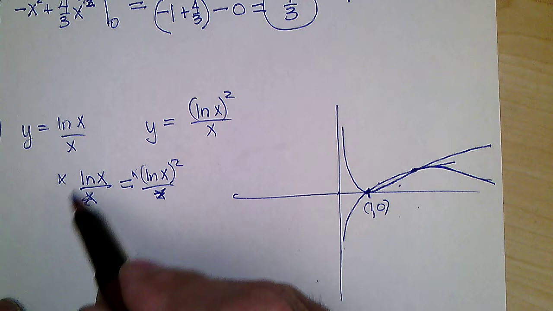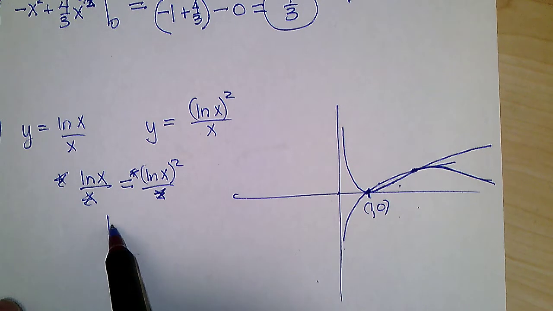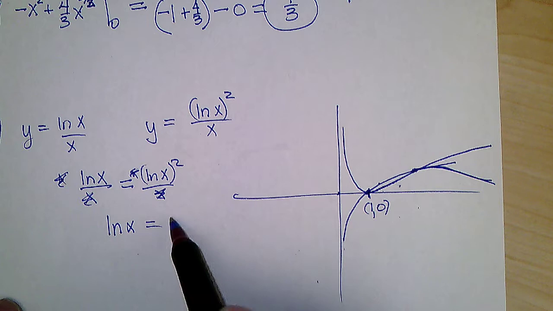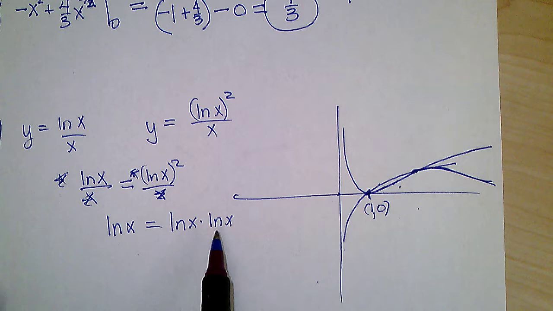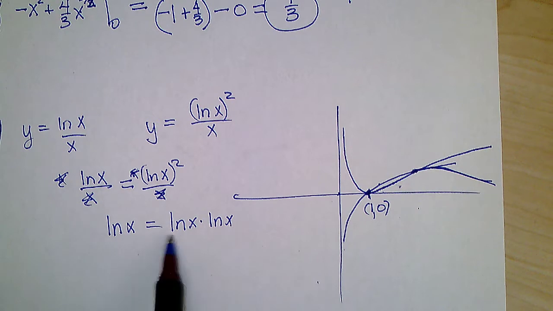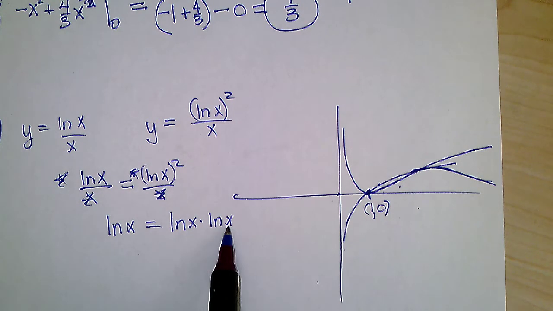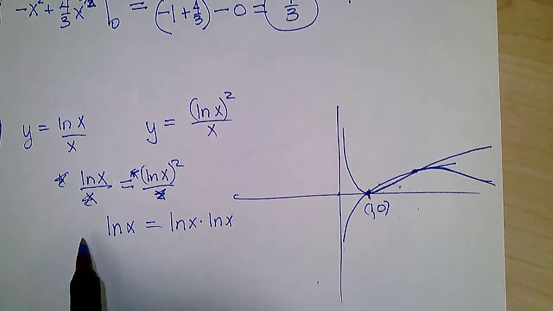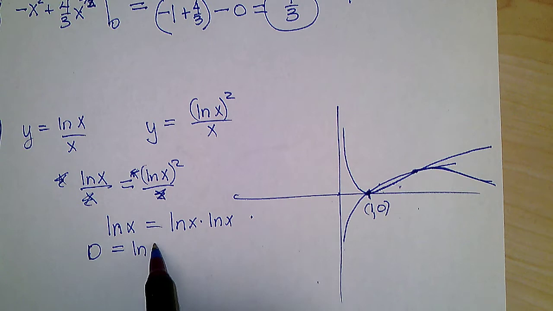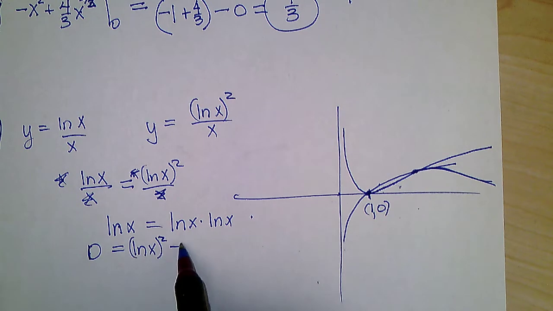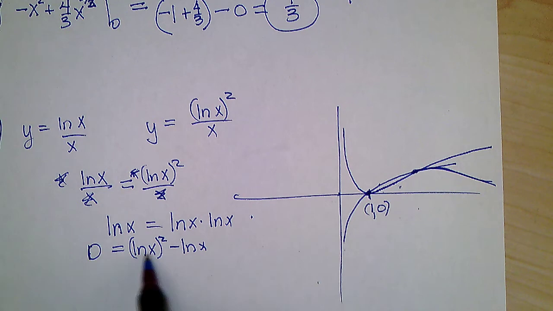So I'm not going to lose the solution, and those are gone, and so I've got to find out when ln x equals ln x times ln x. If I divide by ln x, it could be 0 at 1, so I might lose the solution. So I'm going to bring 1 over. I'll subtract ln x from both sides. So I'll have 0 equals ln of x quantity squared minus ln of x. Factor out an ln x.